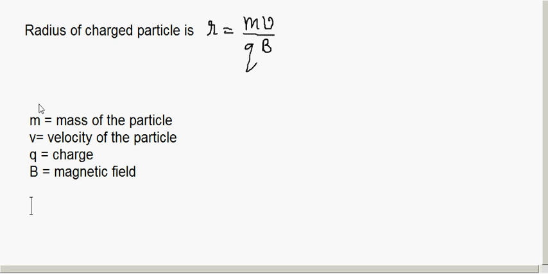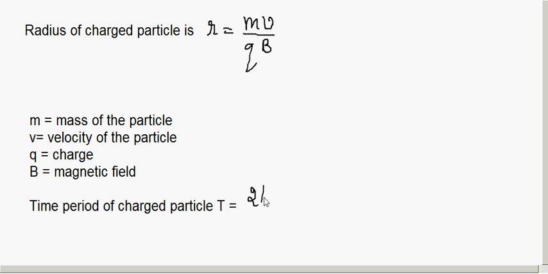Now frequency is 1 by T, so let us take the time period of the charged particle. Since it follows a circular motion, the time period will be equal to the circumference of the path divided by velocity. So we can write it as 2 pi r divided by velocity v. Now substitute for r.